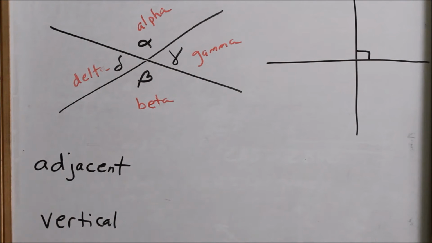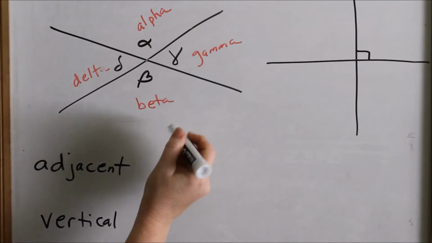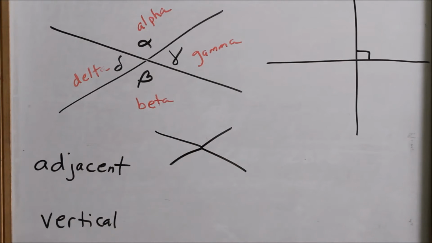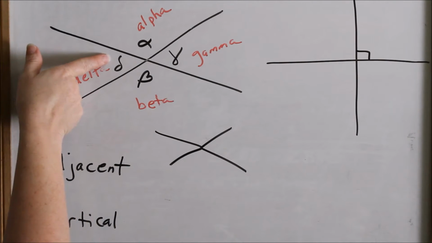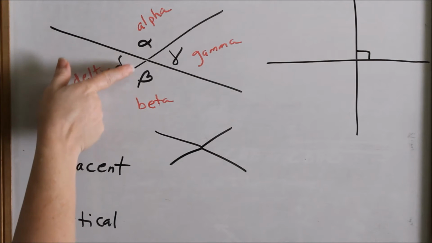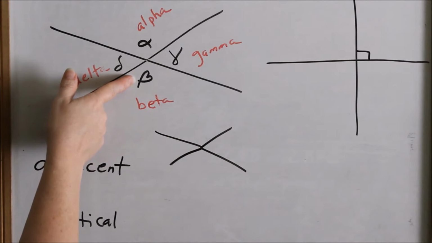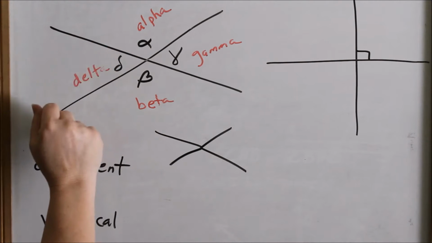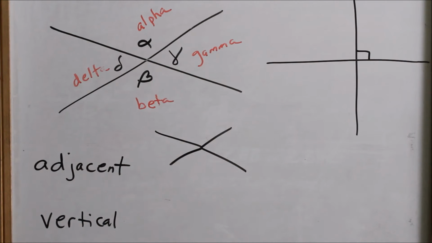It's like 2 V's touching each other. A V and a V. Those are vertical angles. Vertical angles are congruent. Congruent means exactly alike. So delta is vertical to gamma and they are congruent. Alpha is vertical to beta and they are congruent. So alpha and beta are vertical angles and delta and gamma are vertical angles.